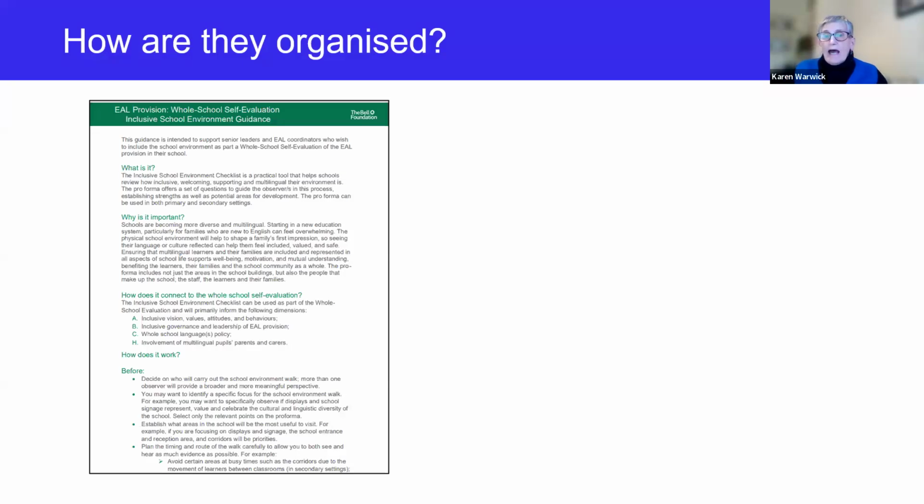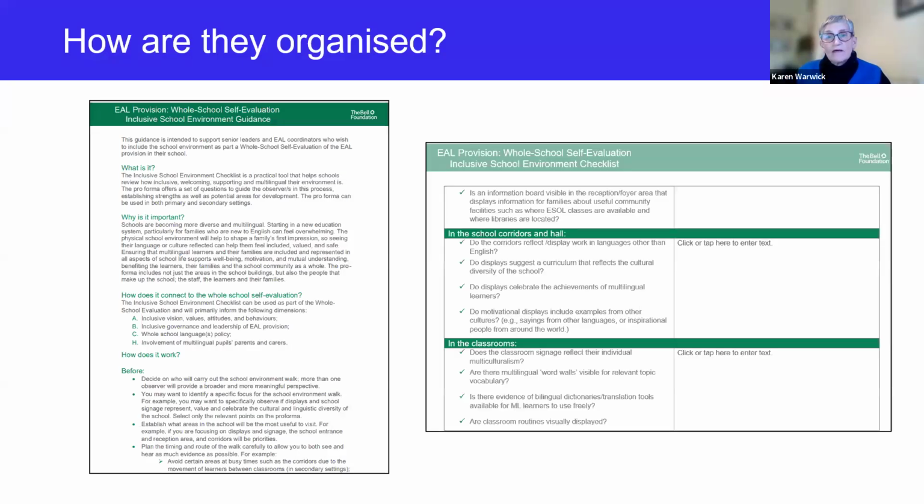Right, let's continue to look briefly at how these tools are organised. Each tool includes a set of guidance on the website and a proforma that is designed to be used during the actual activity. So you've got your guidance with all the information you need on how to use the different proformas.